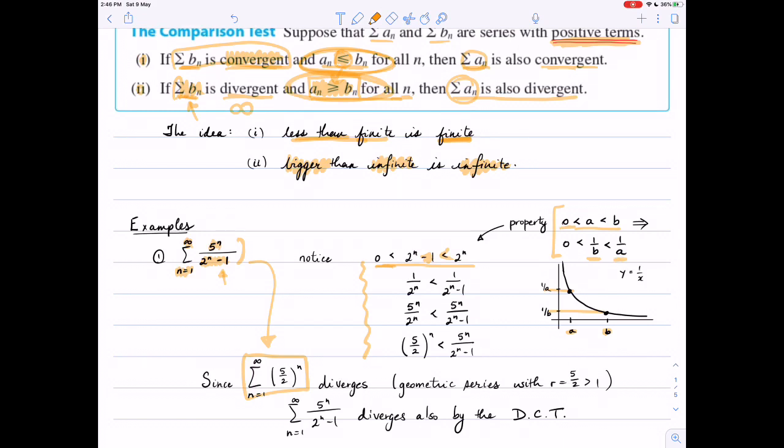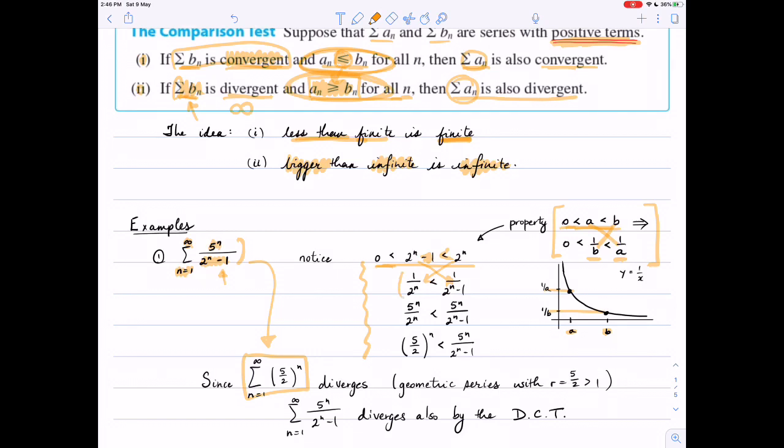This is a property of positive numbers: if you take their reciprocal, the inequality flips direction. So this is what we've done here. 1 over 2 to the n is less than 1 over 2 to the n minus 1.